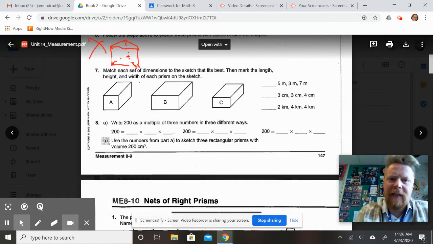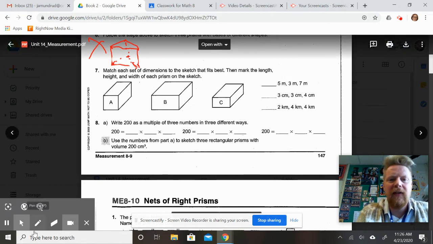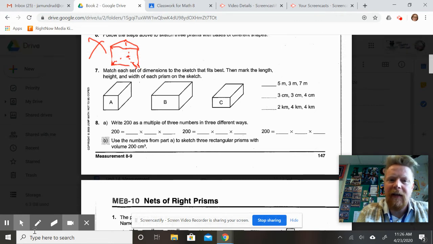All right, question 7 says, match each set of dimensions to the sketch that fits best. Then mark the length and height and width of each prism in the sketch. Well, if I check out the different dimensions that I'm given here, one thing I notice right off the bat is A has got a square face. And I noticed in the dimensions there, only one of those is probably going to have that square face.